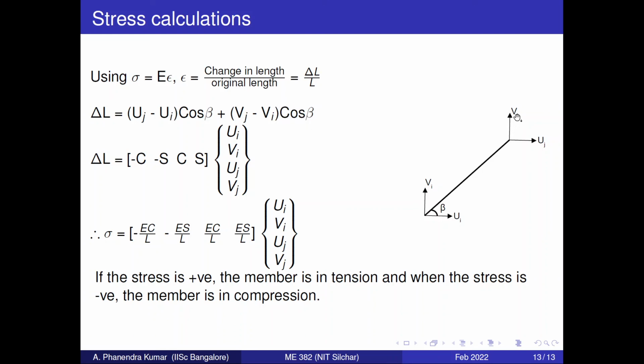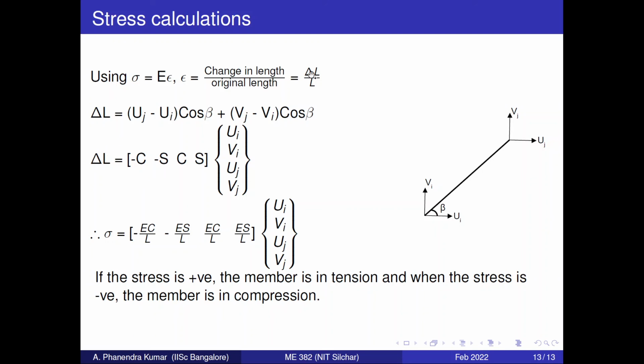Vi sin beta and Vj sin beta. So the net displacement is Vj minus Vi times sin beta. That is the change in length. So we are representing the change in length in vector form. If you evaluate this part, the final expression will be the same. Just as we are using matrices and vectors, I have denoted it in this form.